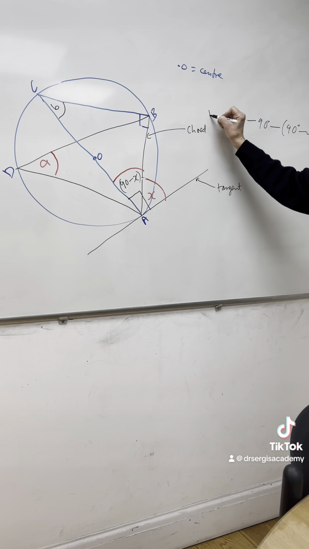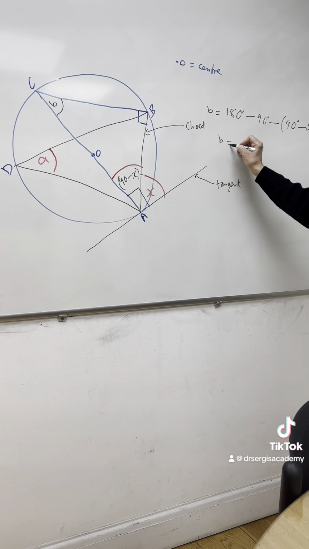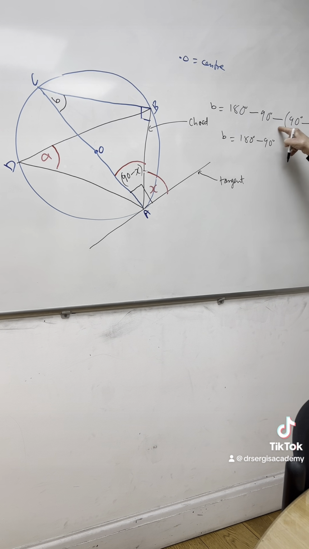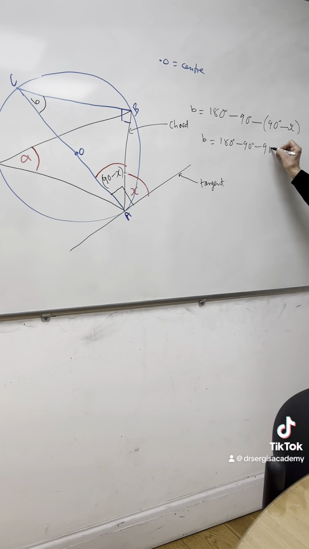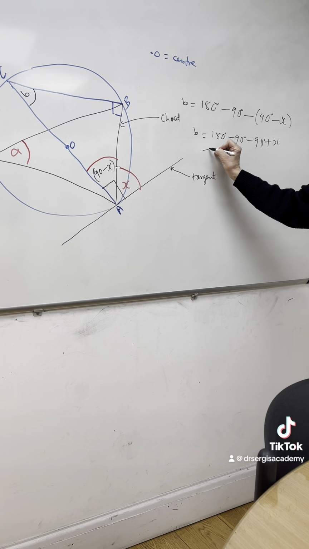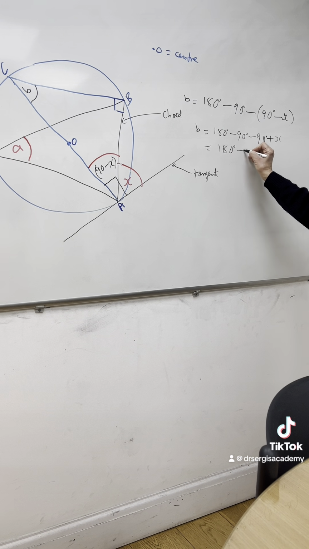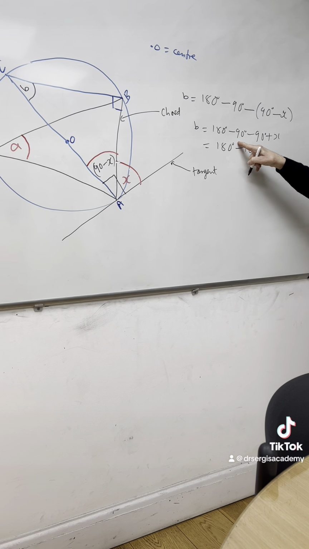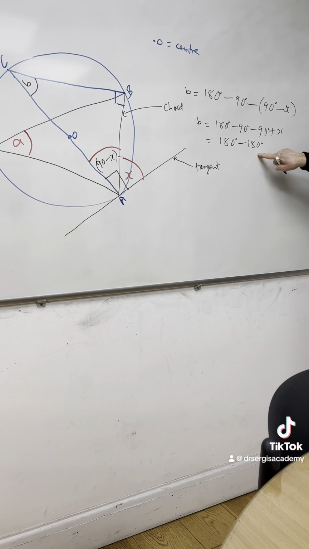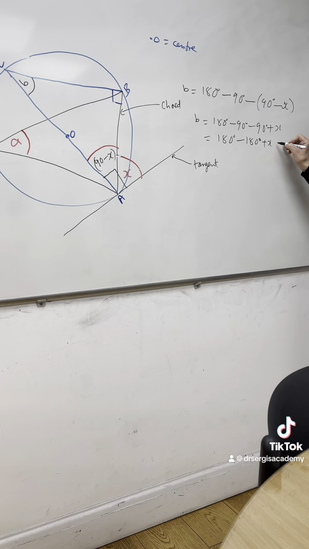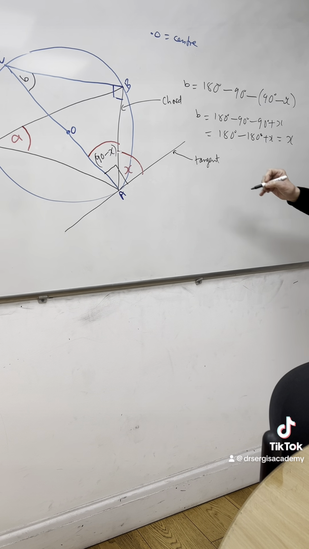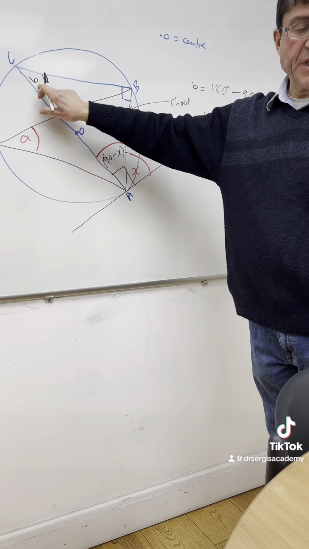So therefore, angle B must be 180 minus 90, minus, take away minus 90 minus x, minus times minus is plus, so that's 180 minus 180. You've got two numbers of the same sign, you add them, keep the sign. Minus 90 minus 90 is minus 180 plus x. And now 180 minus 180 is 0, so x. So therefore this angle must also be x.